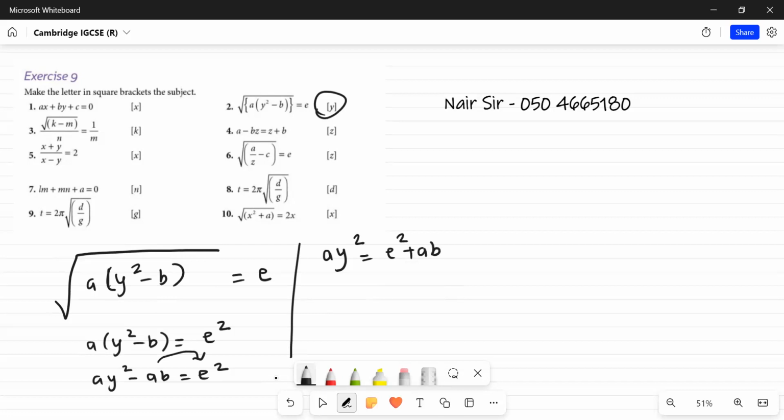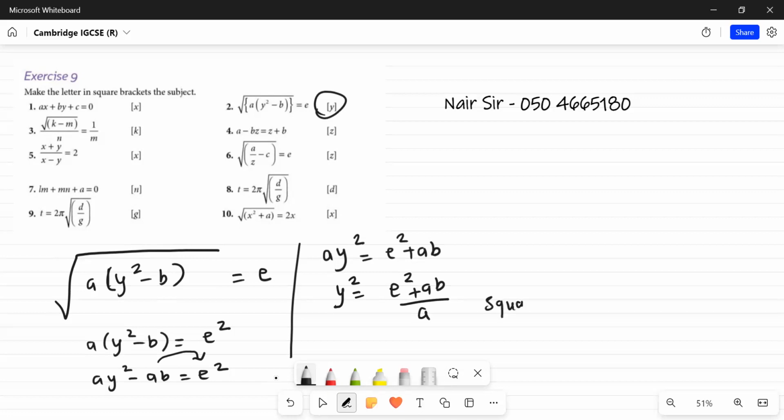Now I have got a multiplied by y square, and a is multiplied. So the opposite of multiplication will be division. E square plus ab upon a. This is y square. Remember that. So what do I need? Subject to be only y. So y is, so what do I do?